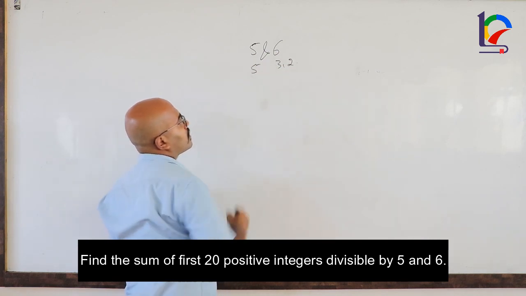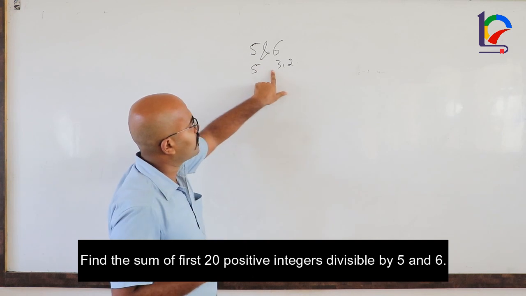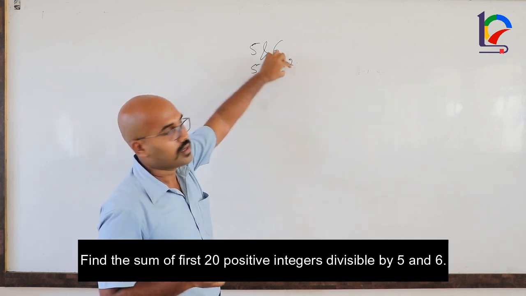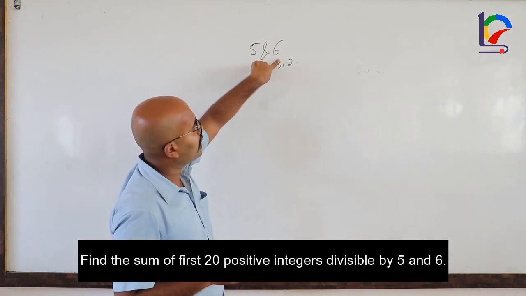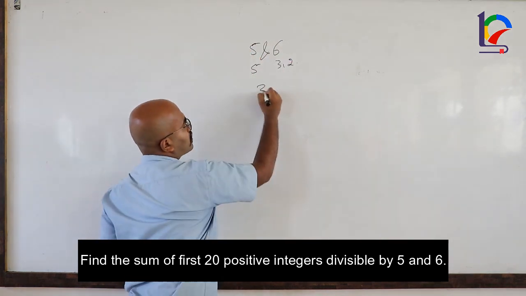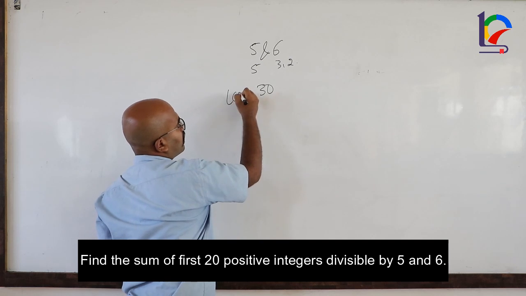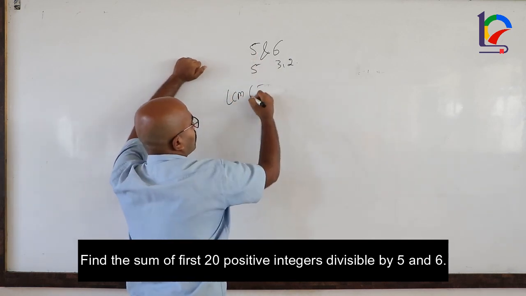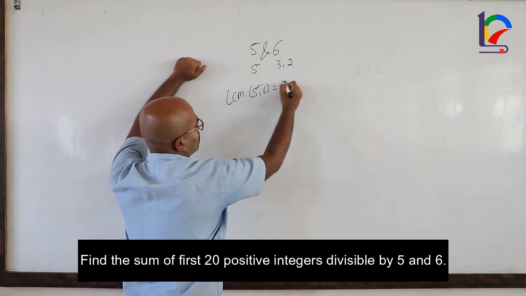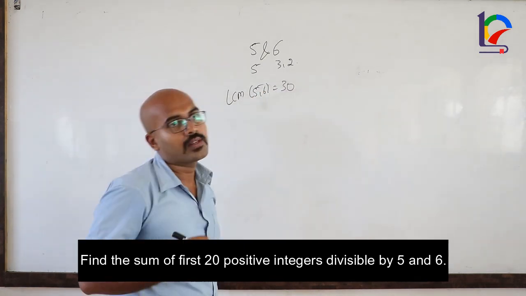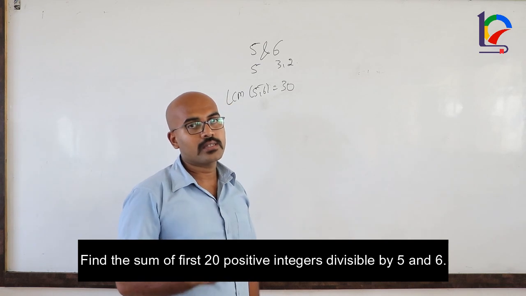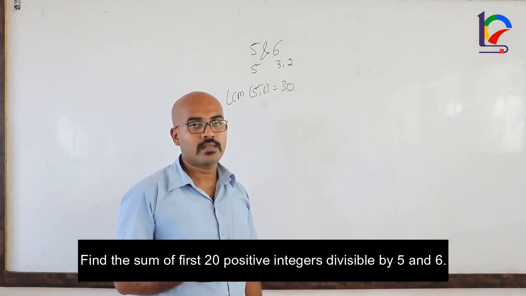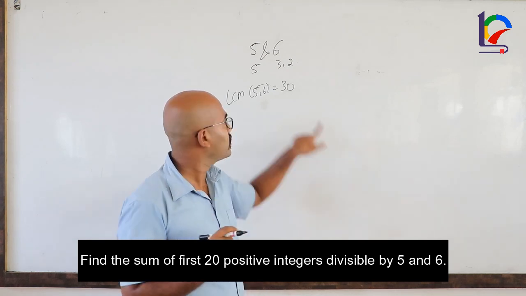So this is 5. So what will be the LCM? You need to multiply all of these because all the terms are different. So 5 into 3, 15, 15 into 2, 30. The LCM of 5 and 6 is 30. So the first integer which is divisible by 5 as well as 6 is 30.